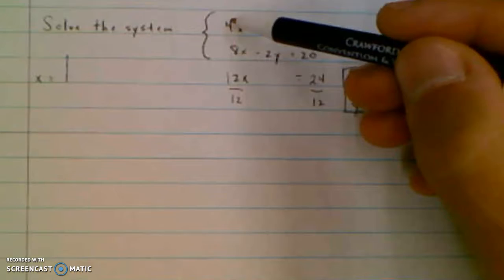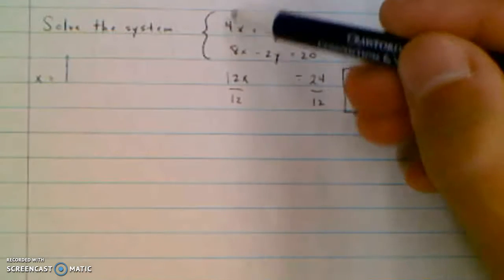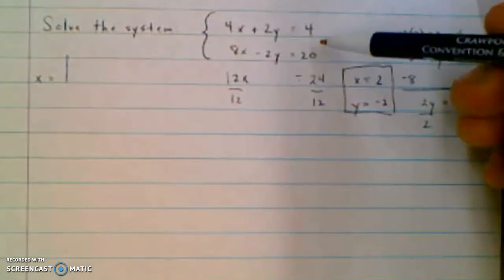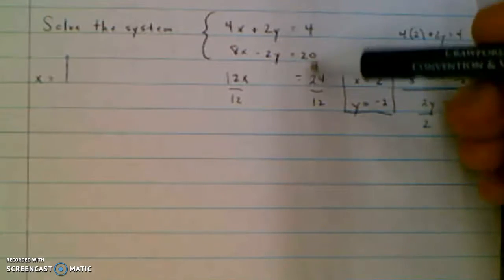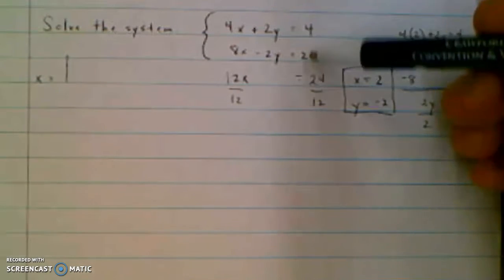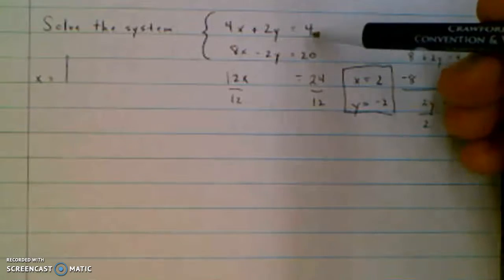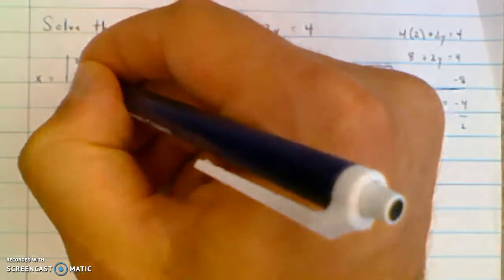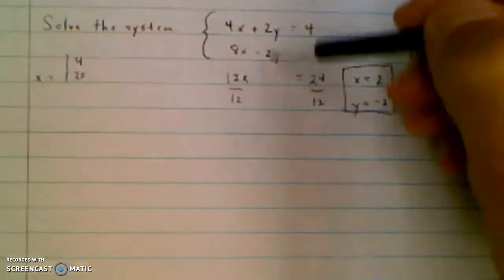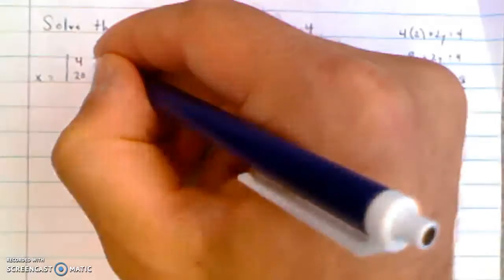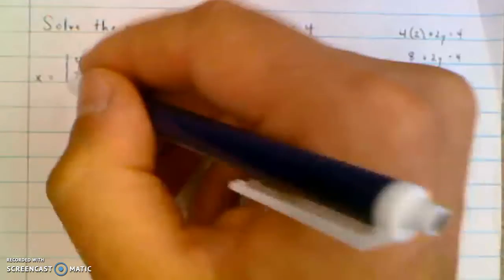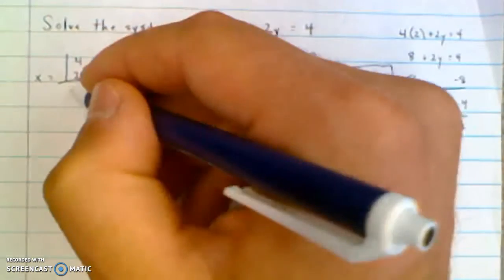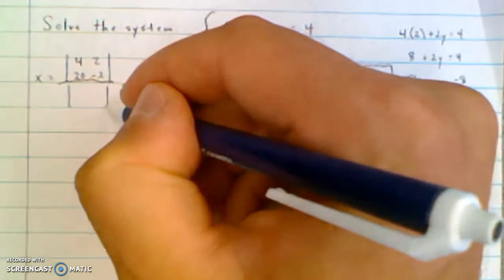I'm going to take the matrix and essentially replace the x column with the constant column, or answer column, or whatever you might want to call that column. So instead of 4 and 8, I'm going to write 4 and 20. Going to keep the y column as is, 2 and negative 2. And it will be a fraction here.